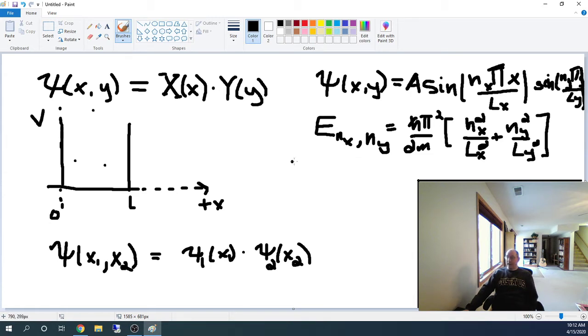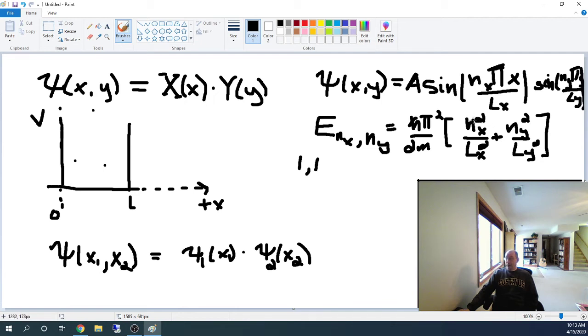The lowest possible n sub x is 1, and n sub y is also 1. That's unique, with a particular energy, depending on L sub x and L sub y. Let's say L sub x and L sub y are the same, so it's like a square box.